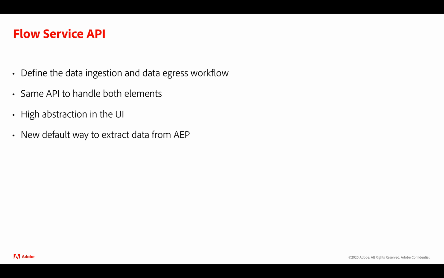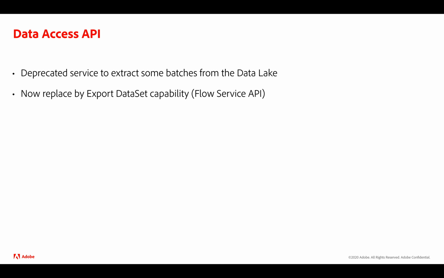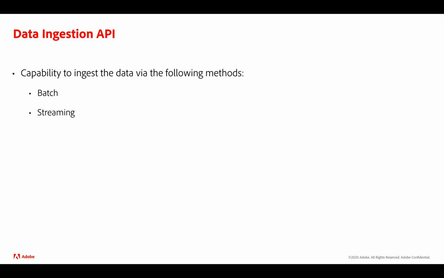It is also the new and default way to extract data from IP, as there was another way before that is now not maintained anymore. Deprecated service, exactly. This data access API is what was used before to download data. It can still be used, so you can still access it, but it's normally replaced by the export dataset capability based in the Flow Service API.